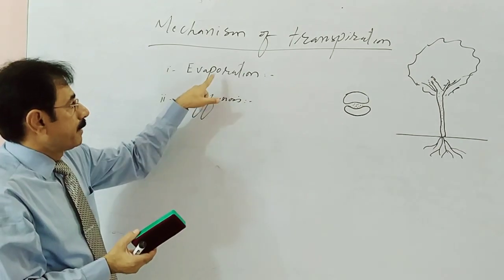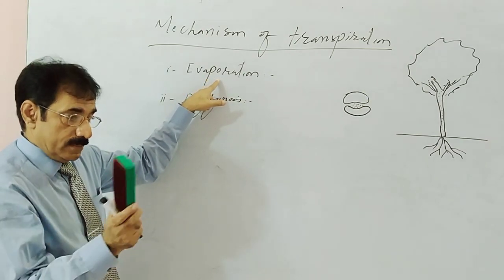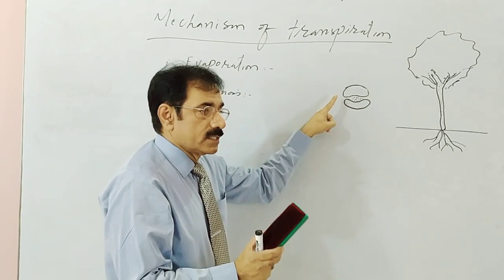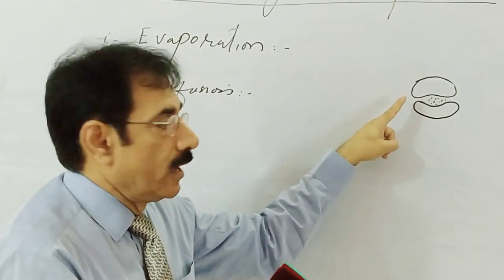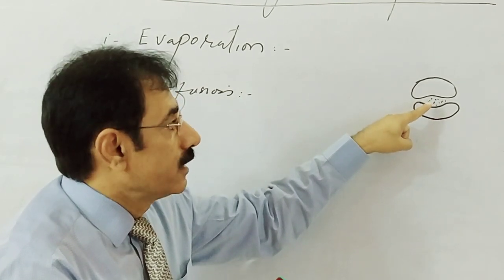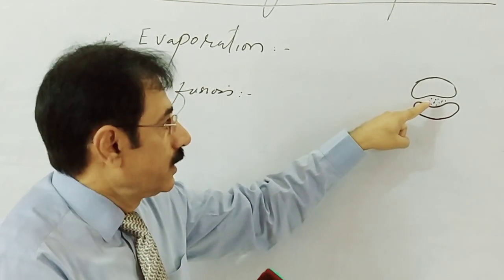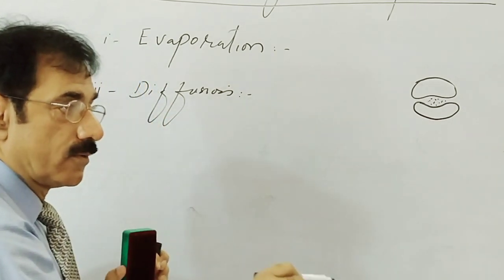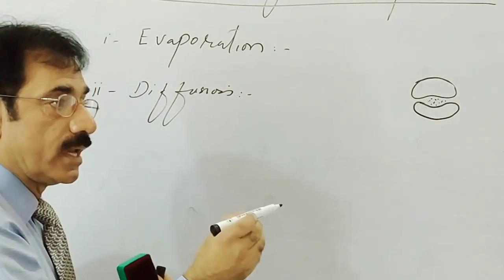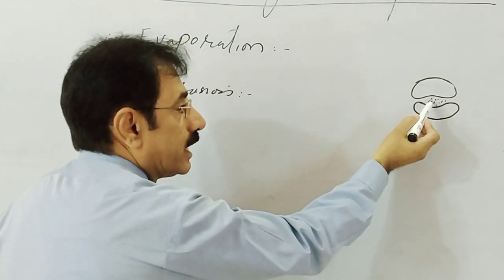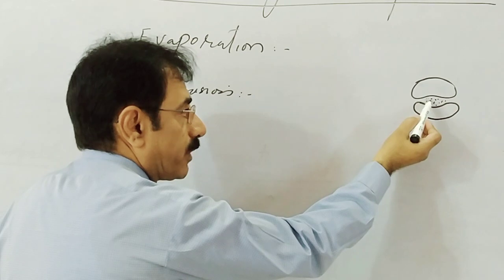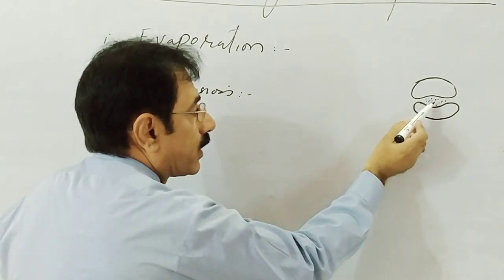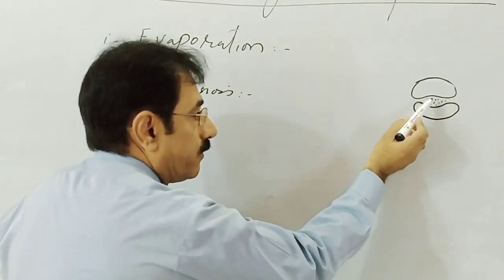Due to the environmental temperature, the water of the mesophyll cells is changed from liquid form to vapor form, and the mesophyll cells are in direct contact with the environmental atmospheric air through the stomata pores.